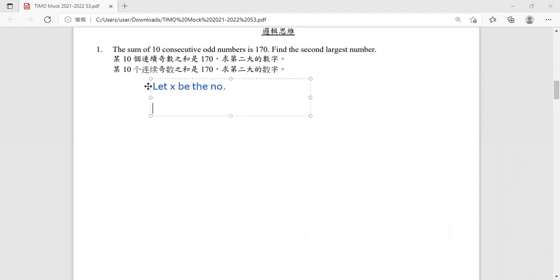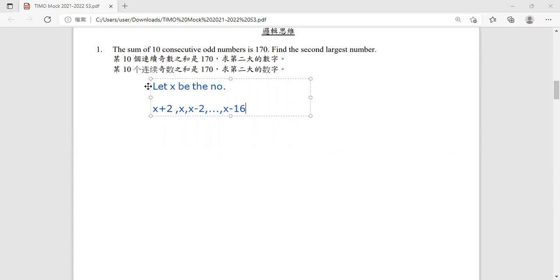Okay, you will find the largest x, then x minus 2, and then down to what? The smallest will be x minus what? It should be x minus 16. X minus 16, okay?